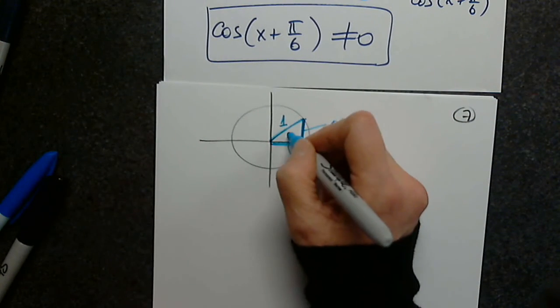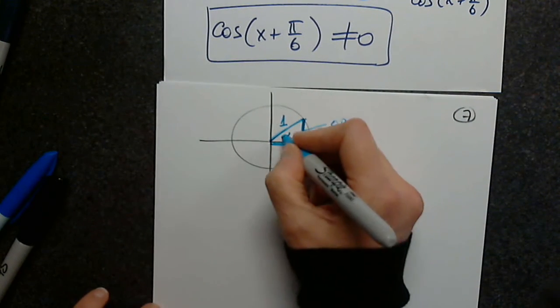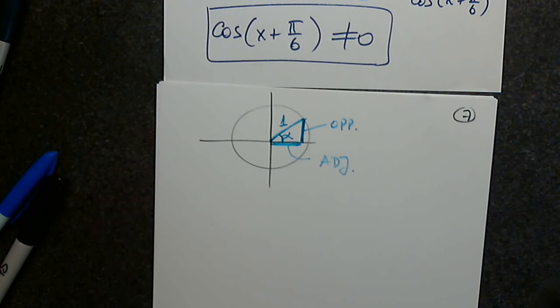And this is 1, and this is angle alpha right here, central angle alpha. So what is the opposite then? And what is the adjacent? Yes. So we measure cosine on the x-axis, and we measure sine on the y-axis.